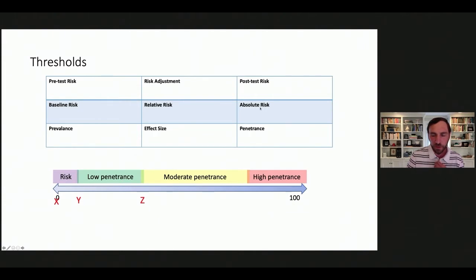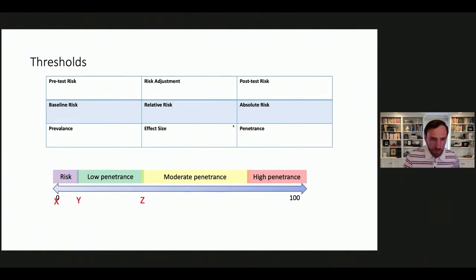We're trying to get to an absolute risk or absolute penetrance level, as opposed to a relative risk, odds ratio, or effect size. Understanding the effect size is pretty important, and it does determine whether you want to classify something at all. So this comes into play in terms of potential reportability, but in terms of the terminology, we wanted to focus on the absolute risk level.